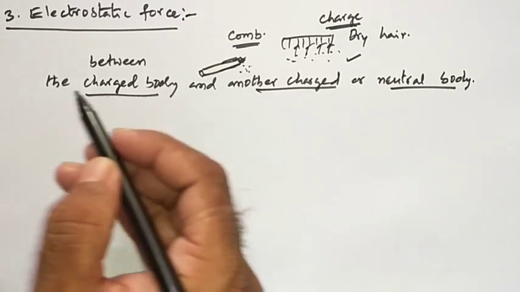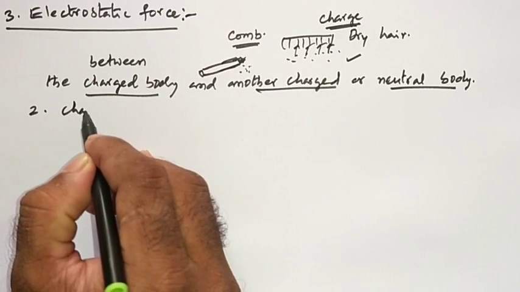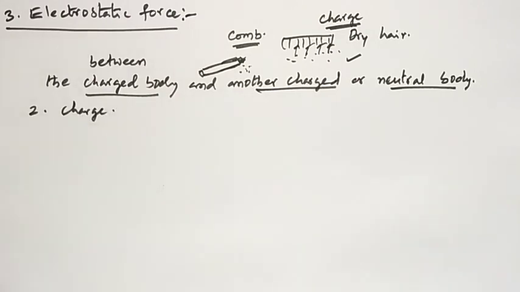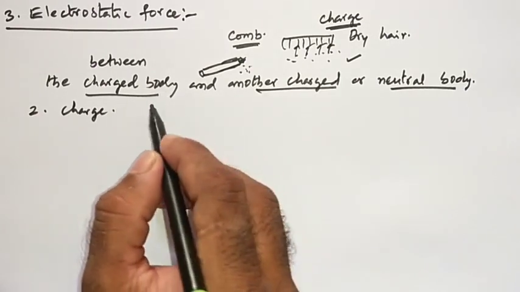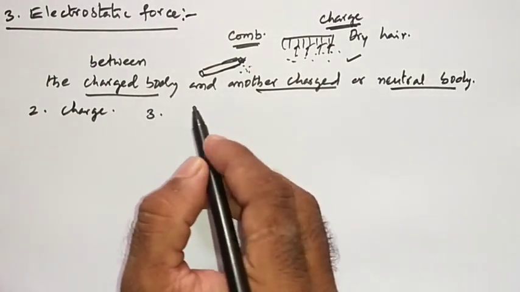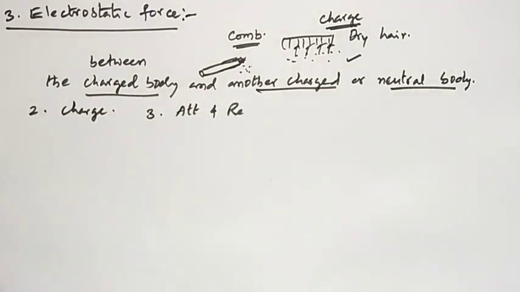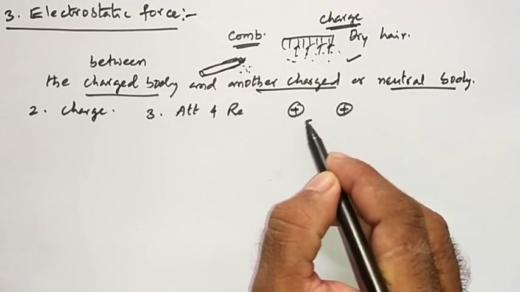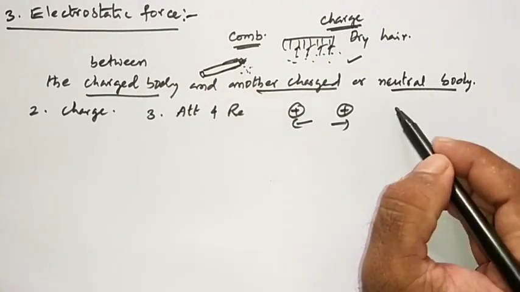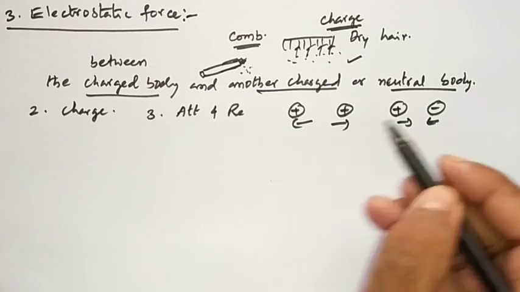Clear? Now second thing, when this force acts: when there is a charge or charged body, this force comes into play. And then what is its direction? Here also you can see attraction and repulsion. Positive charge and another positive charge repel each other, and positive charge and negative charge attract each other.